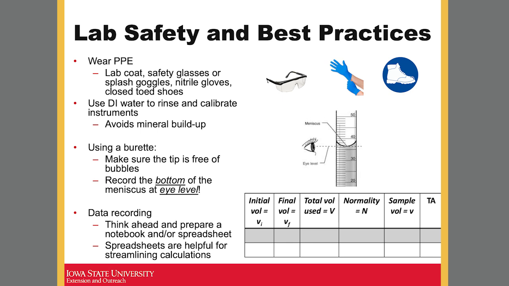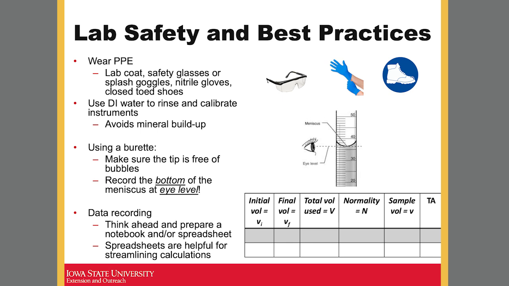That's exactly the same thing we're going to do today, making sure you record all your data. You're going to be asked to, on a piece of paper, record the initial volume of your burette, the final volume of your burette, and then you will calculate the total volume that is used.